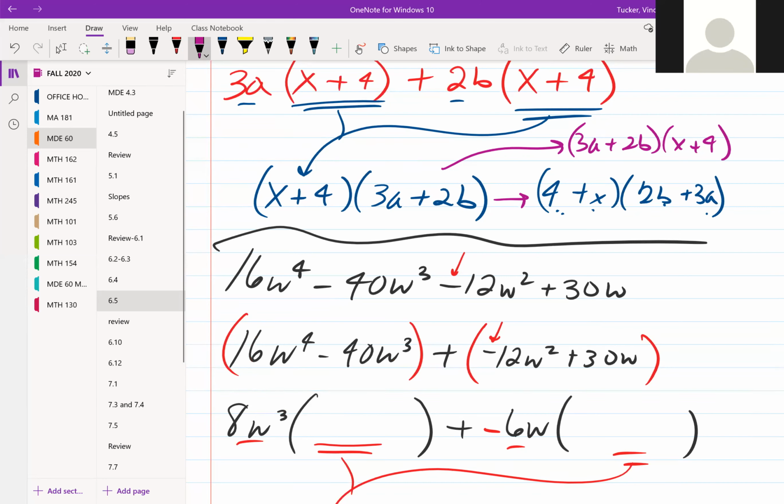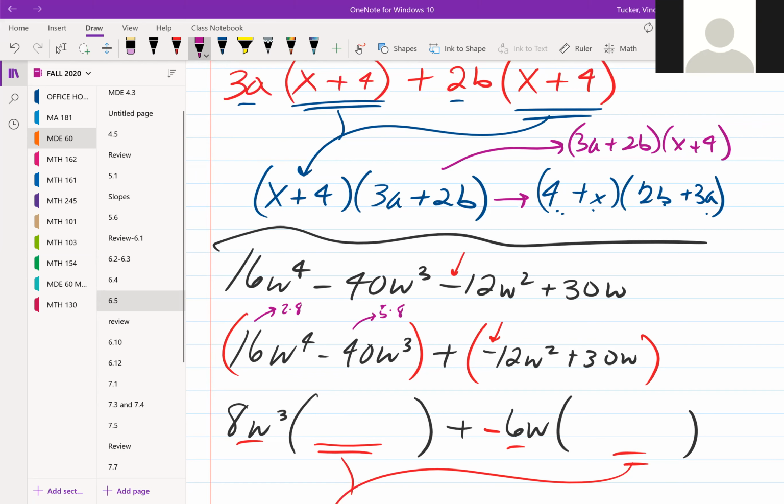Well, where'd you get the 8w cubed from anyway? So you've got to analyze both of these with respect to each other and say, okay, when I look at 16 and 40, what do they have in common? 16 is 2 times 8. 40 is 5 times 8. So I know they have an 8 in common. Okay, got it.